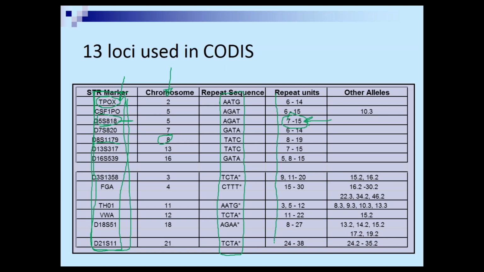Occasionally you can go up to 20 or 30, and D21 is a little bit weird because it goes out here from 24 to 38 repeats. But it doesn't matter what the repeat unit is. You're always going to get a pair of numbers. Okay, so if we analyze Dr. Linville's DNA at TPOX, I could be a 6-7, or a 6-12, or an 8-9, or a 13-13. You get the general idea?